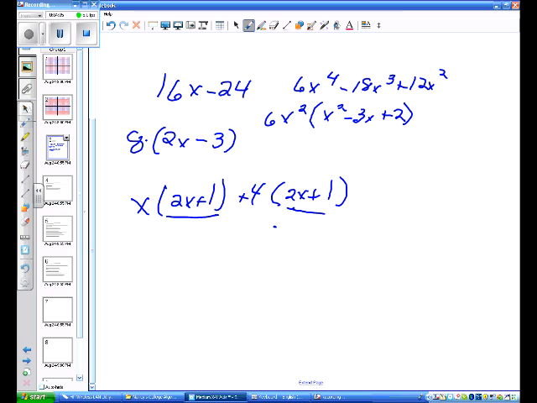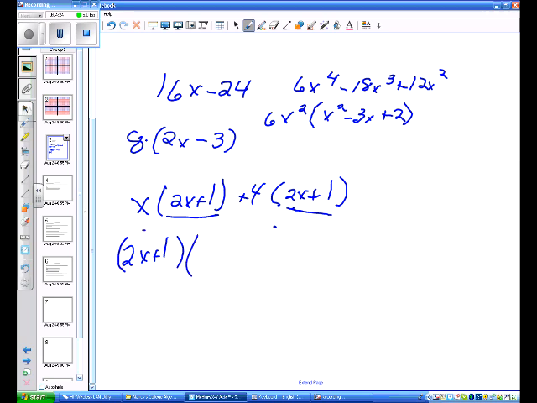Each term is being multiplied by 2x plus 1. So we're going to factor it out, just like we would have factored if this had been x times a plus 4 times a. We would have factored out that a. So we're going to factor out the 2x plus 1.